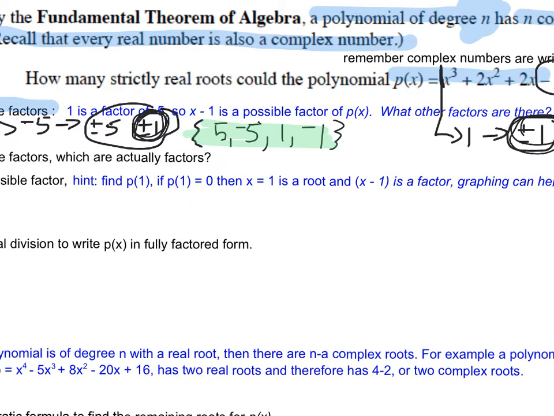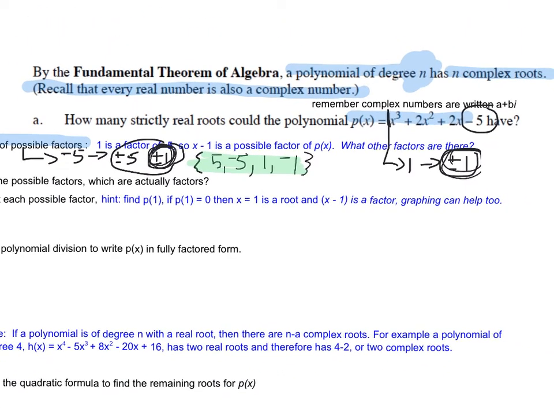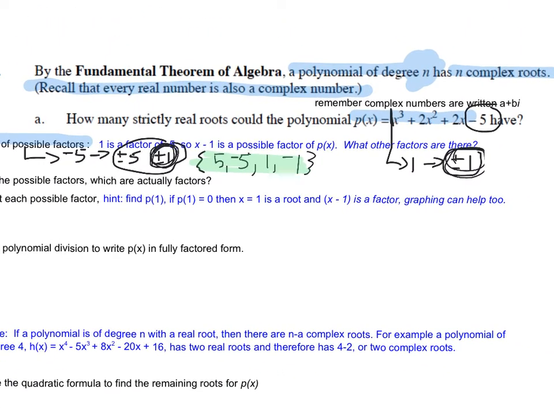Now how do I find out whether these are actual factors? There's two different approaches you can use. One of them is make a graph. So if you want to pause this for just a minute, take your calculator out and graph your p of x equation.